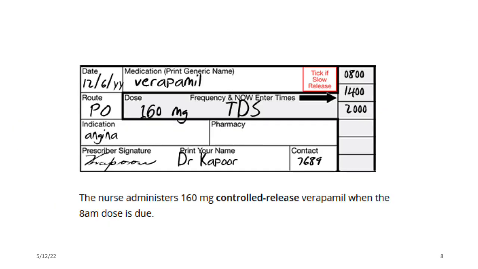Another scenario: this patient is supposed to receive 160 milligram of short-acting verapamil 3 times a day, at 8 o'clock, 2 p.m. and 8 p.m. Unfortunately, the nurse gave it in slow release, at the stated frequency.